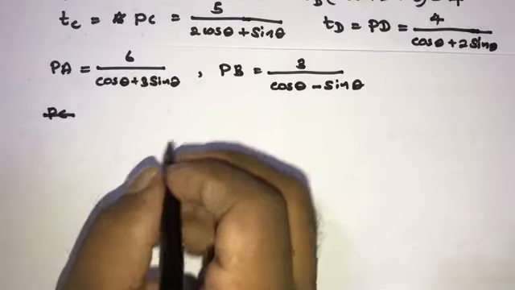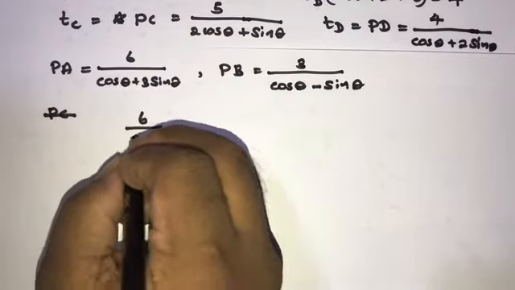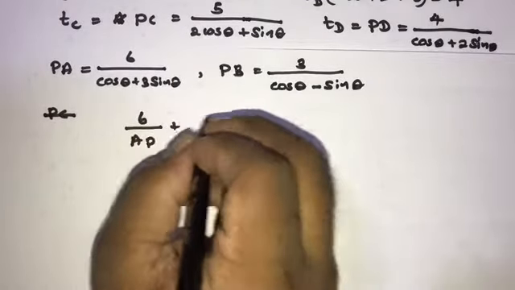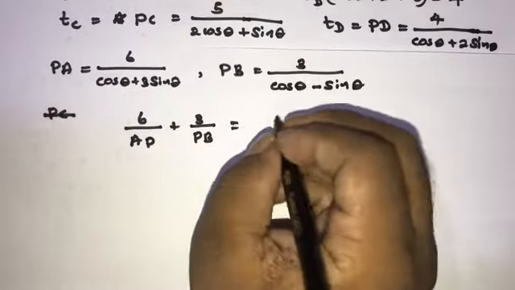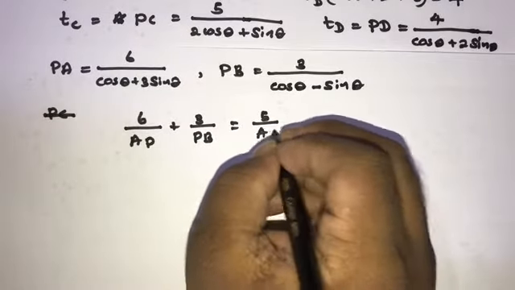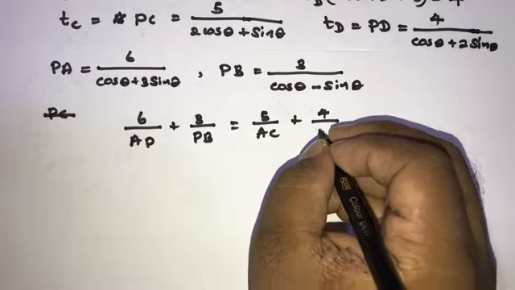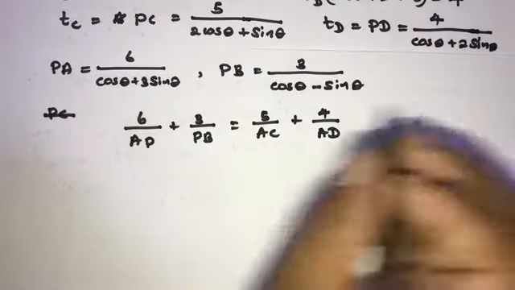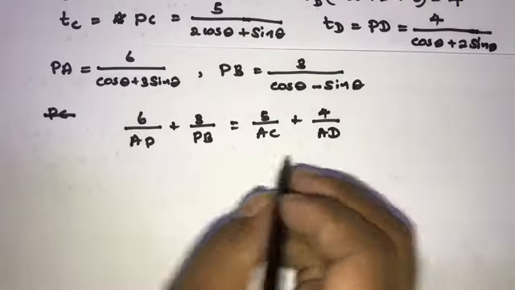So now we take the condition, so 6 over PA plus 3 over PB is equal to 5 over PC plus 4 over PD. Okay, now we can plug in PA, PB, PC and PD.